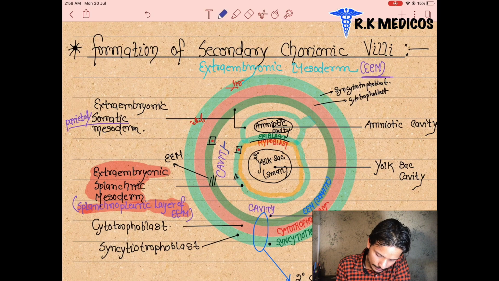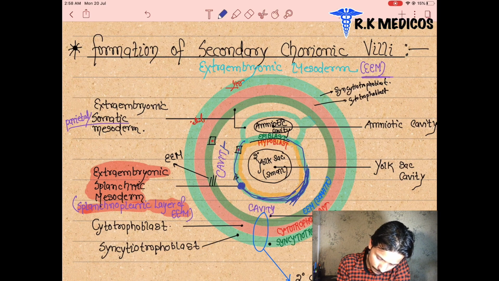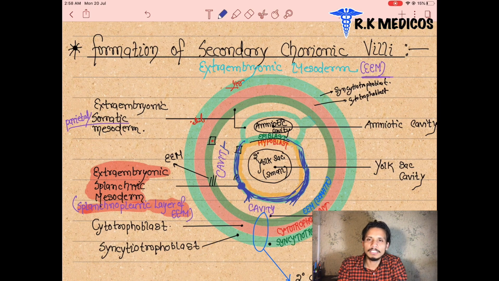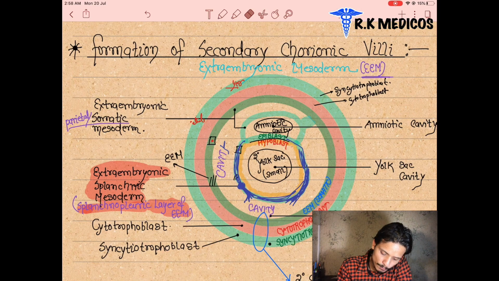This whole round structure I am drawing here represents the inner part of the extra embryonic mesoderm, the extra embryonic splanchnic layer of the mesoderm. These are the innermost part.